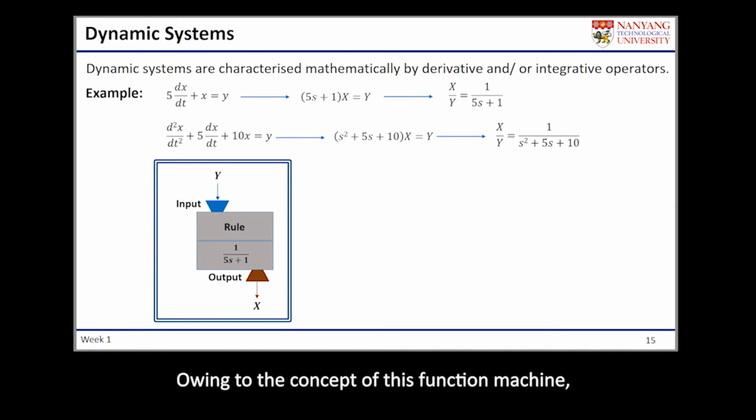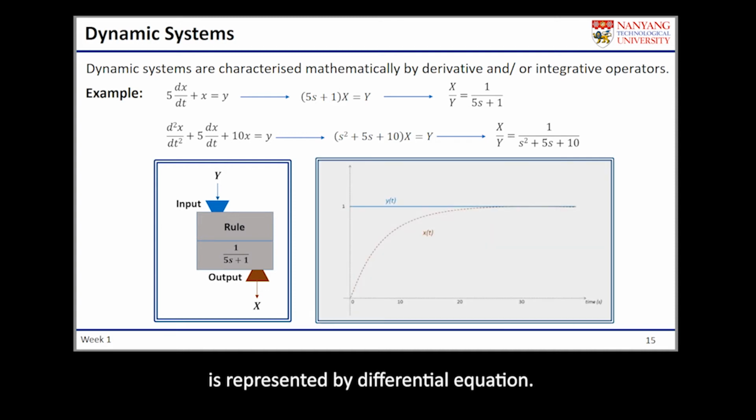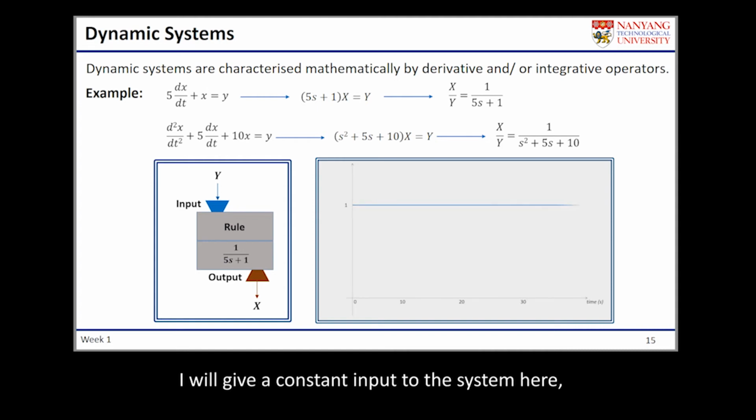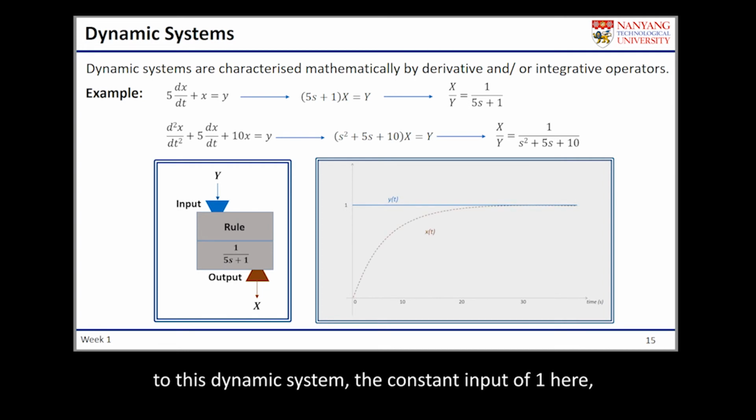Owing to the concept of this function machine, I will draw it here again, a function machine, but the relationship between output and input is represented by a differential equation. Now let's take a look at this case. I will give a constant input to this dynamic system, a constant input of 1.